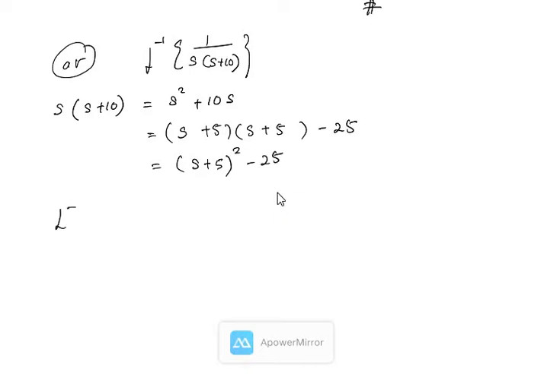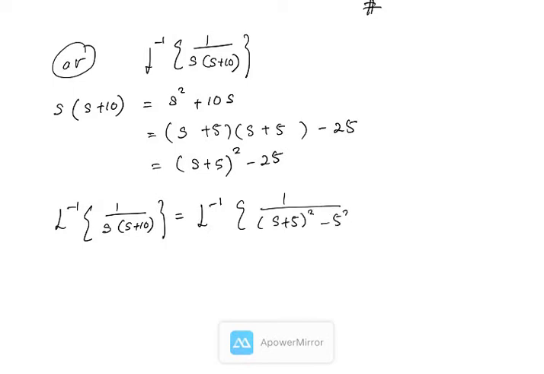So inverse Laplace transform of 1 over s squared plus 10s equal to inverse Laplace transform of 1 over s plus 5 squared minus 5 squared. Okay, if we look at this one we can change it to the exponent minus 5t, based on the table of Laplace transform.